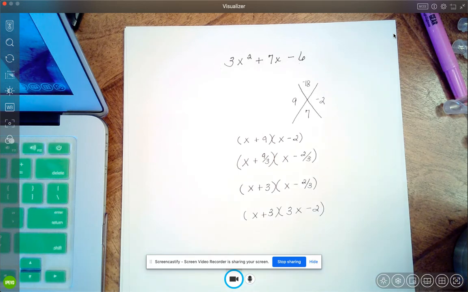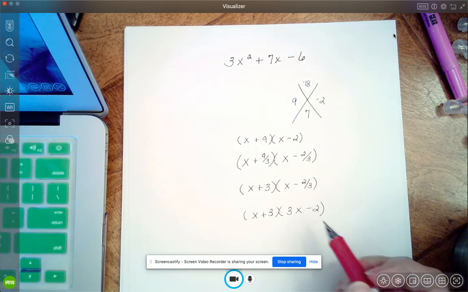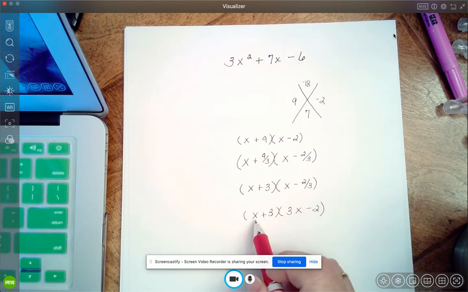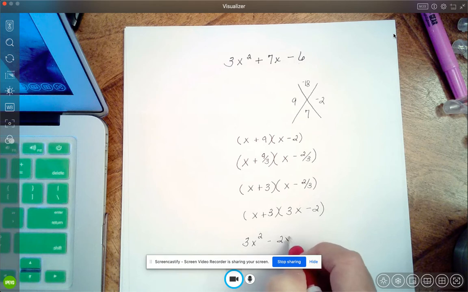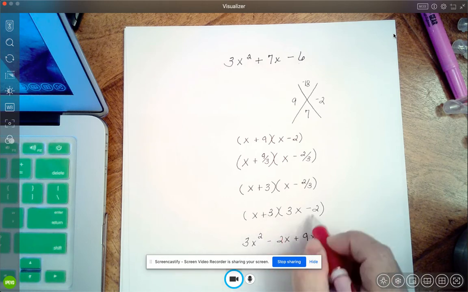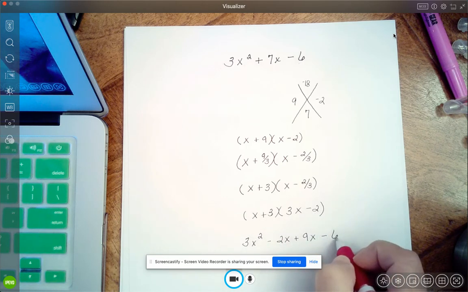Now, if I multiply this back out, remember our FOIL method or the box method, you could use either one that we talked about last week. You could say x times 3x is 3x squared. X times negative 2, negative 2x. 3 times 3x is positive 9x. 3 times negative 2 is negative 6.